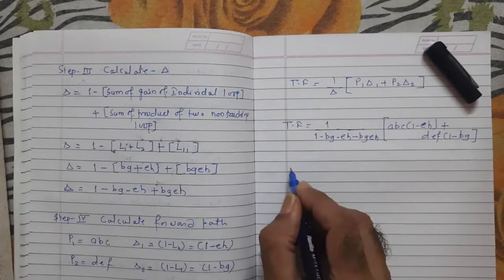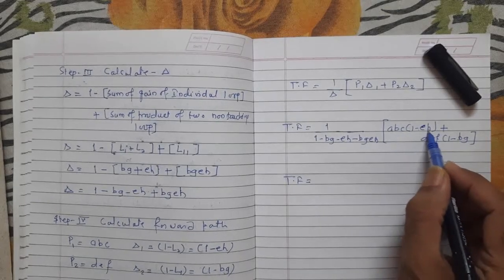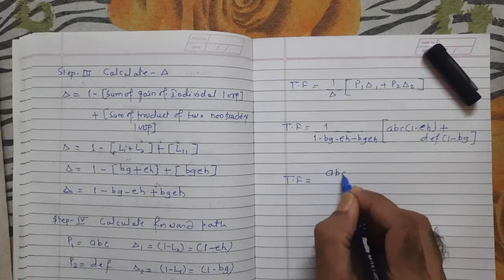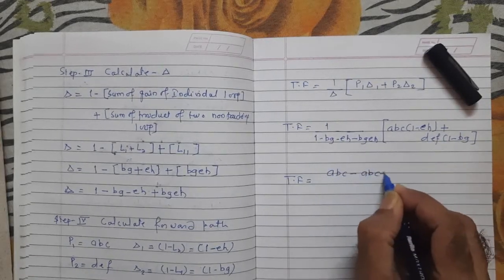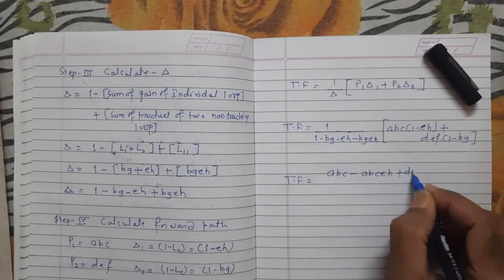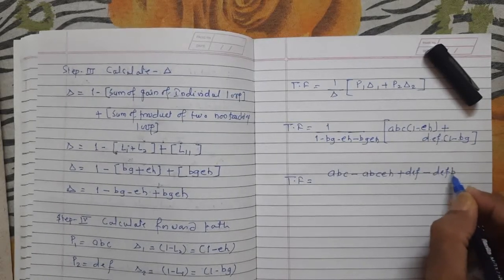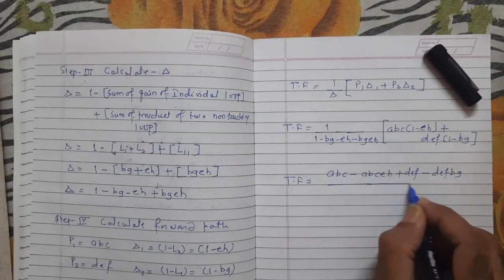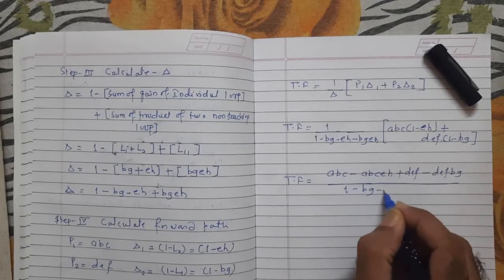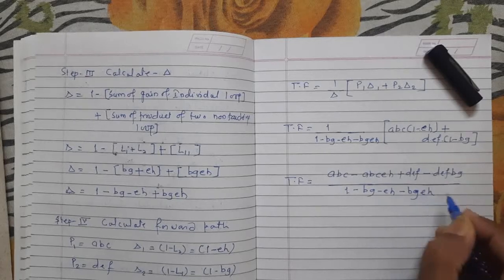So this transfer function we can write down as ABC into 1, that is ABC, minus ABCEH, plus DEF into 1, so DEF minus DEF into BG, divided by this complete term 1 minus BG minus EH plus BG into EH.